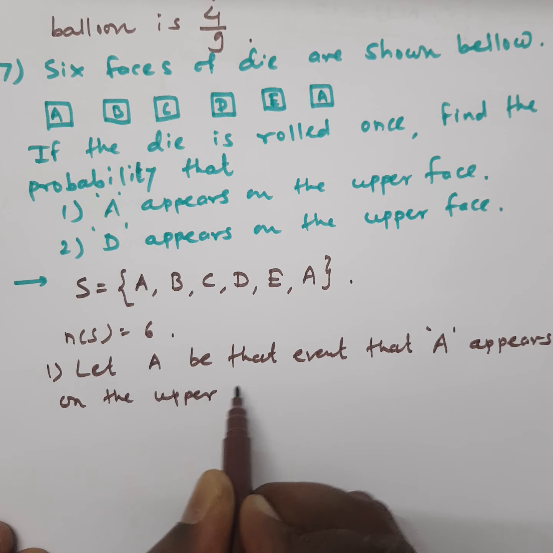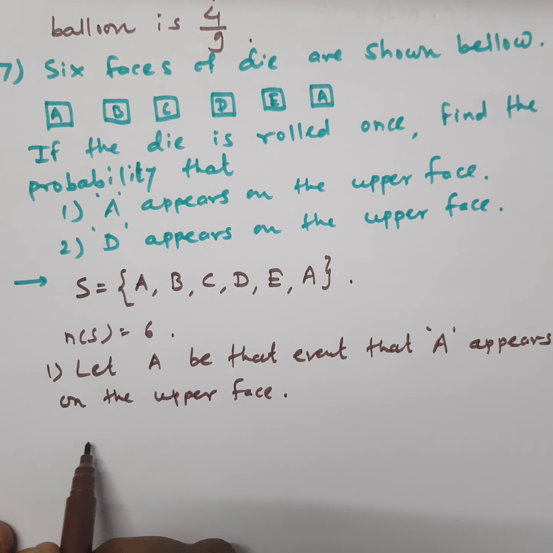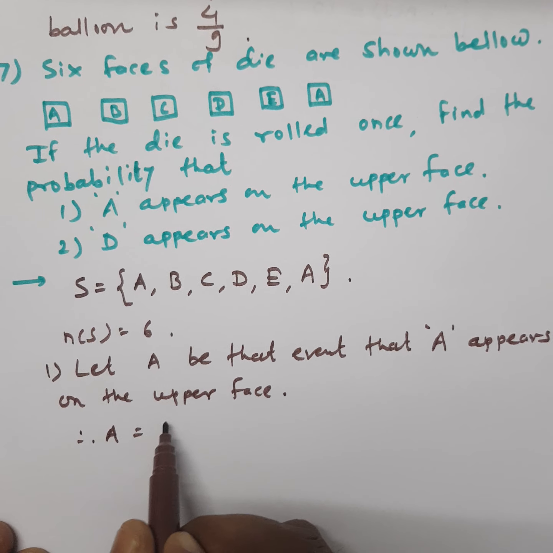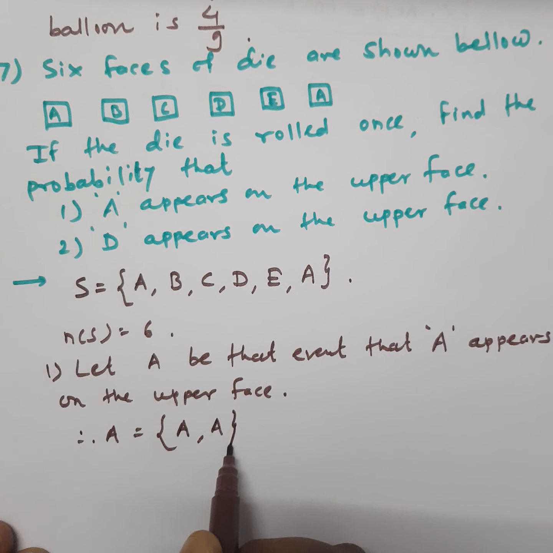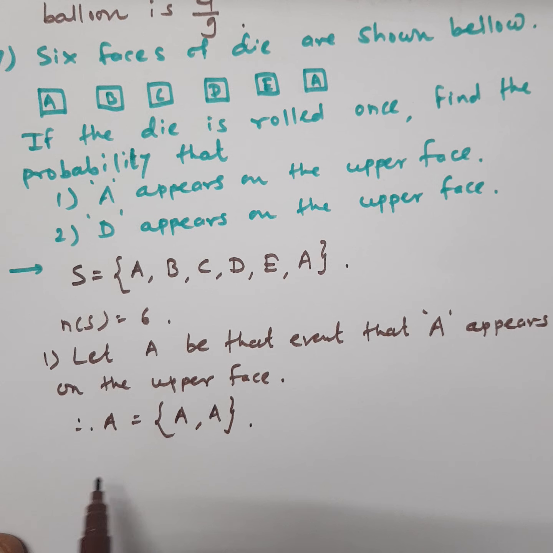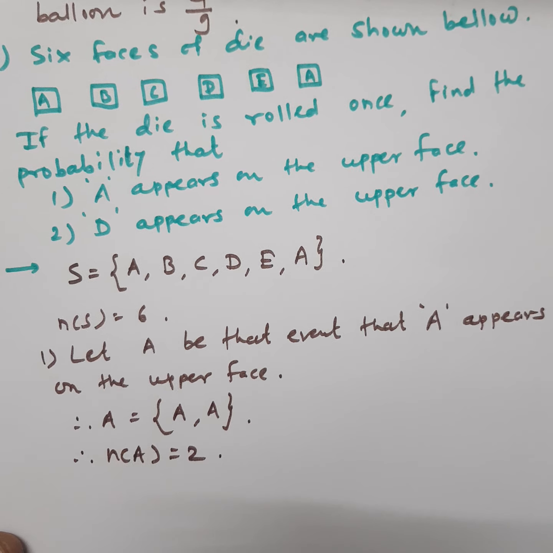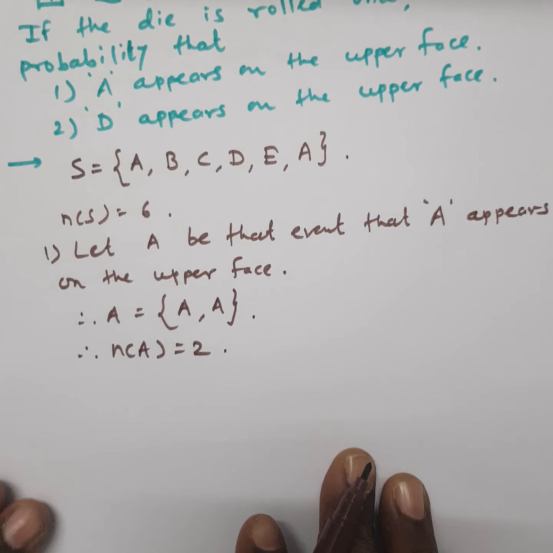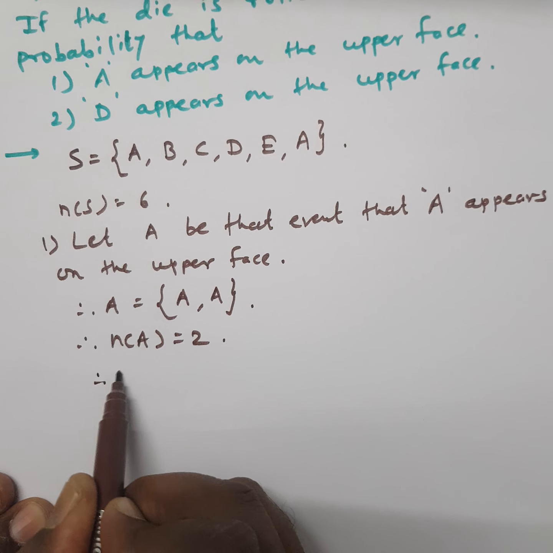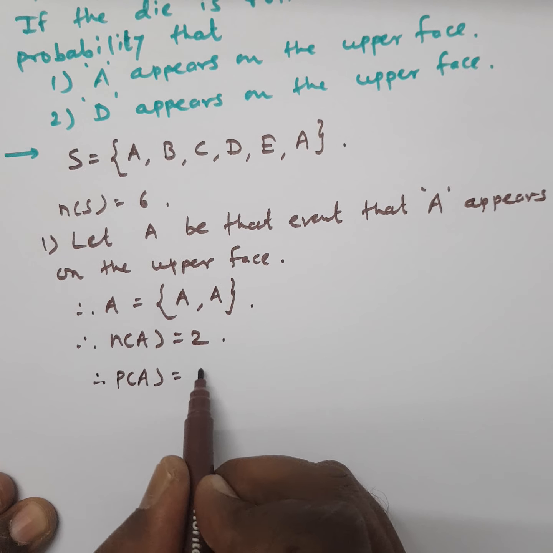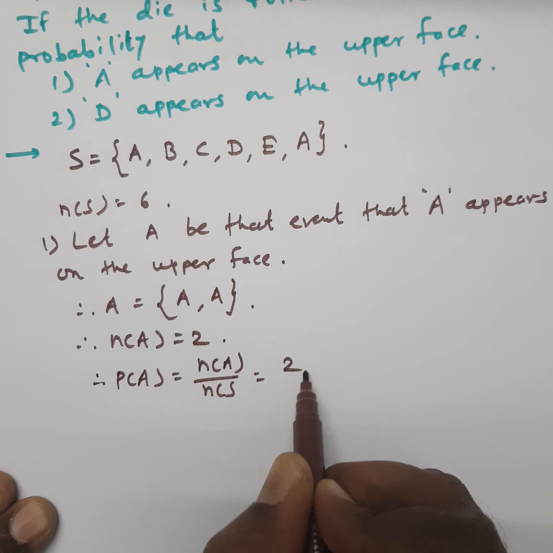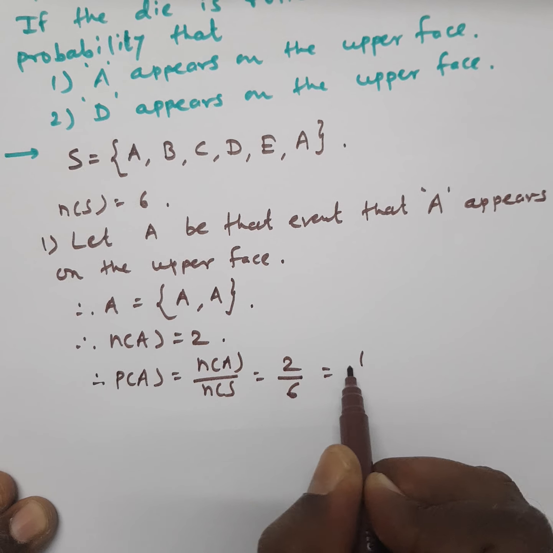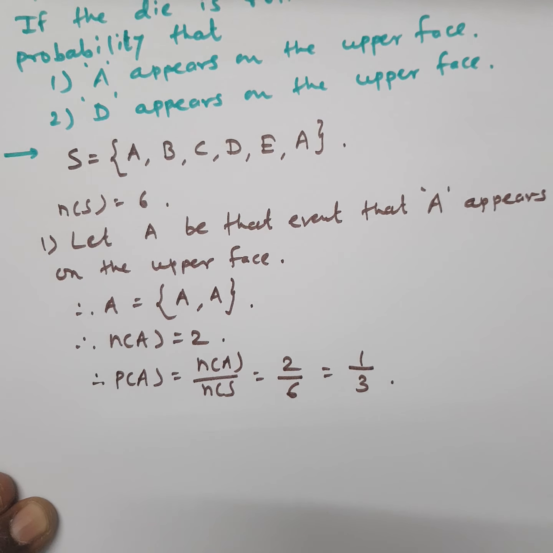Therefore A is equal to, there are 2 A's on two faces, therefore n(A) is equal to 2, and probability of this event will be P(A) is equal to n(A) upon n(S), that is 2 upon 6, that is 1 upon 3.